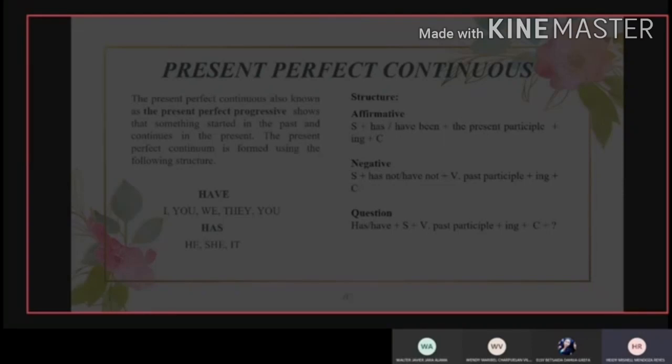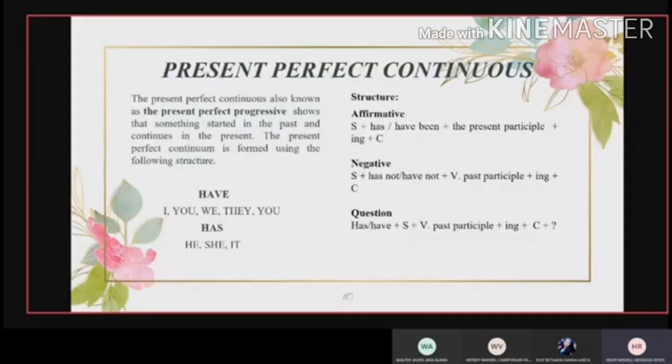Okay. Continue, present perfect continuous. The present perfect continuous, also known as the present perfect progressive, shows that something started in the past and continues in the present. The present perfect continuous is formed using the following structure. Affirmative: subject plus has or have been plus the verb plus ing plus complement.